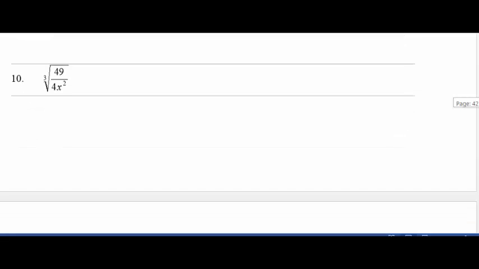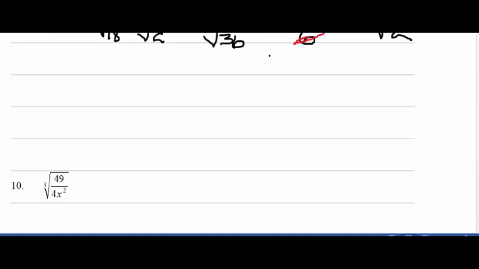All right, now we can also do something similar for a cube root. Again, rationalizing the denominator means we want to get rid of the radical in the denominator. So we're going to do that by following a similar process.